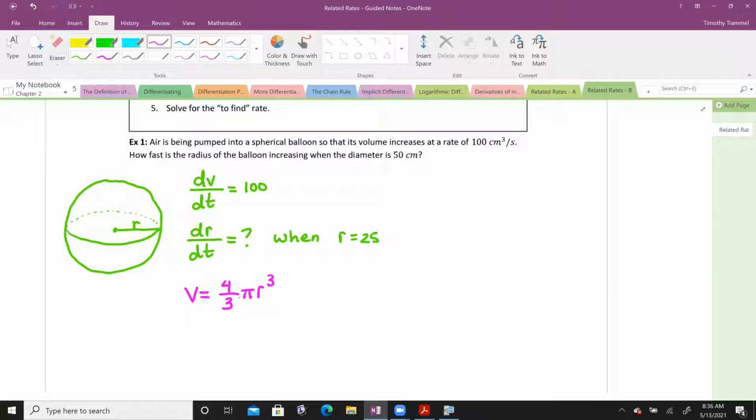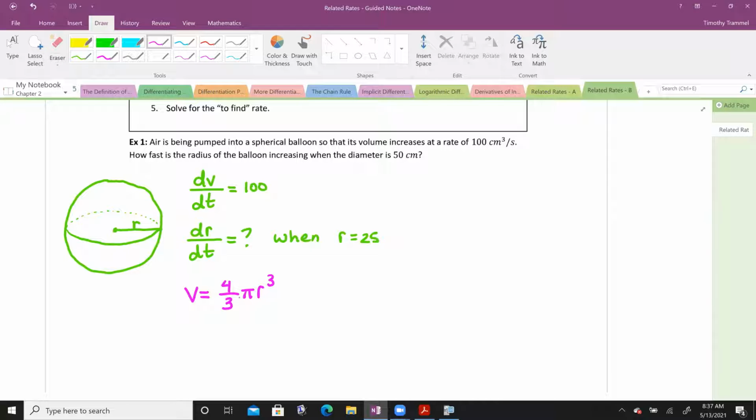Like if it was this question, I would expect most of you don't remember the volume of a sphere off the top of your head, so I'd provide this formula. But if we were talking about the area of a rectangle, that would be a formula I'd want you to know. But if we're talking about the volume of a sphere or the volume of a pyramid, anything that's kind of obscure, I'm not going to expect you to remember it.